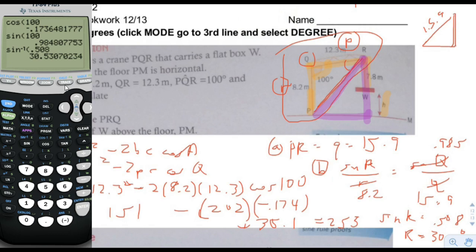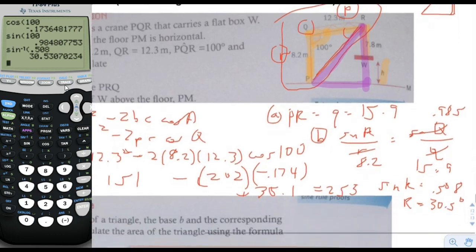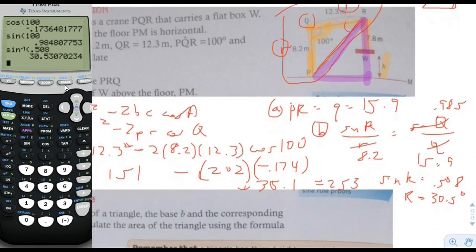Because we know that angle R is 30.5, and we know the angle Q is 100. So we can figure out angle P just by subtracting both of those from 180. So we go 180 minus 100, which would be 80. And then we subtract off angle R, which is 30.5, and we're left with 49.5 for angle P. So that angle is 49.5.